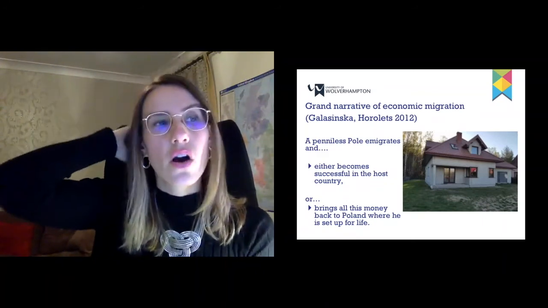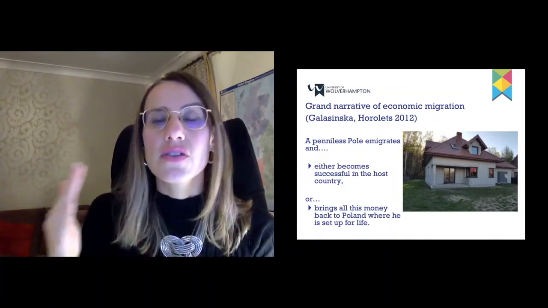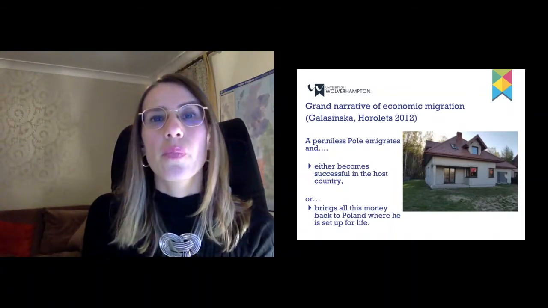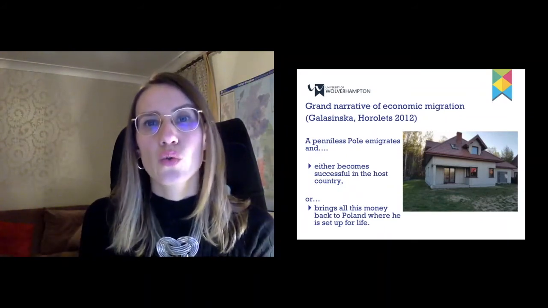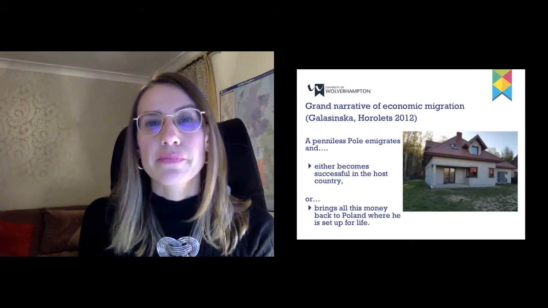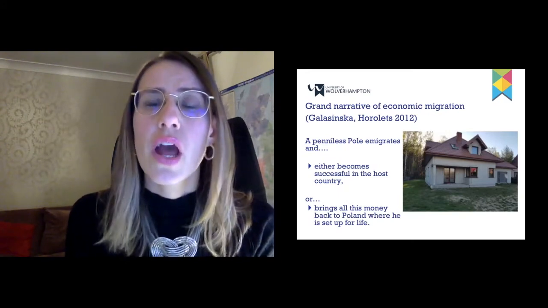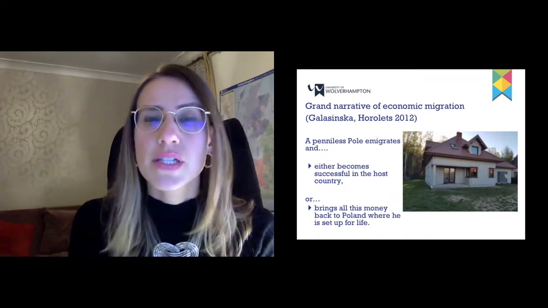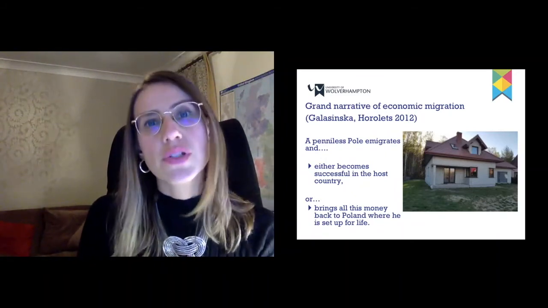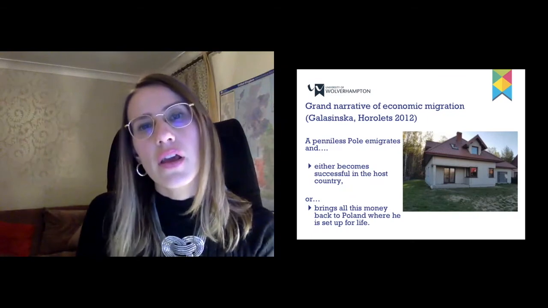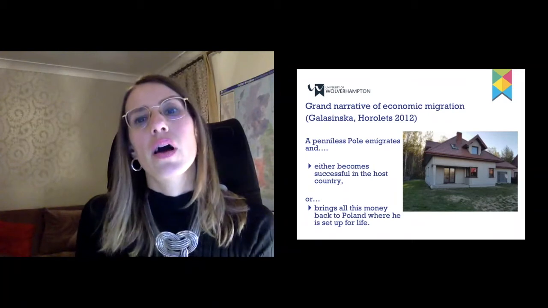Galasinska and Horolec call this the grand narrative, a discursive strategy of the Polish migrants, how they talk about the reasons behind their migration, and the success story of a migrant that can be successful either remaining in the host country, or going back but bringing economic resources that help to further develop the country of origin.